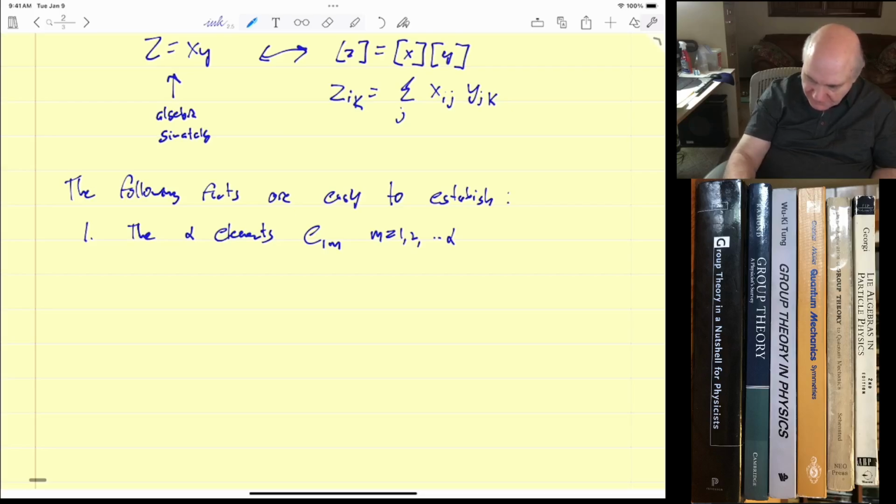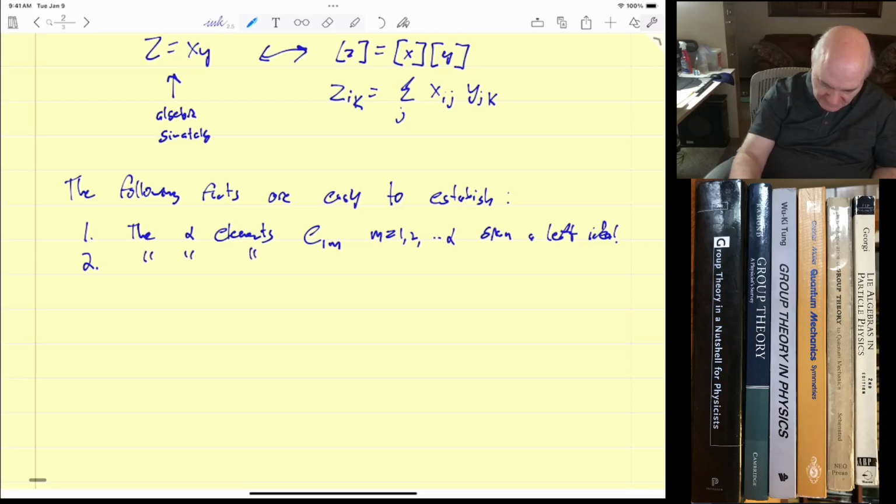I used 1, but basically what we're saying is, fix the first index, and they span a left ideal. And similarly, E_M1, M equal 1 up to alpha, span a right ideal.